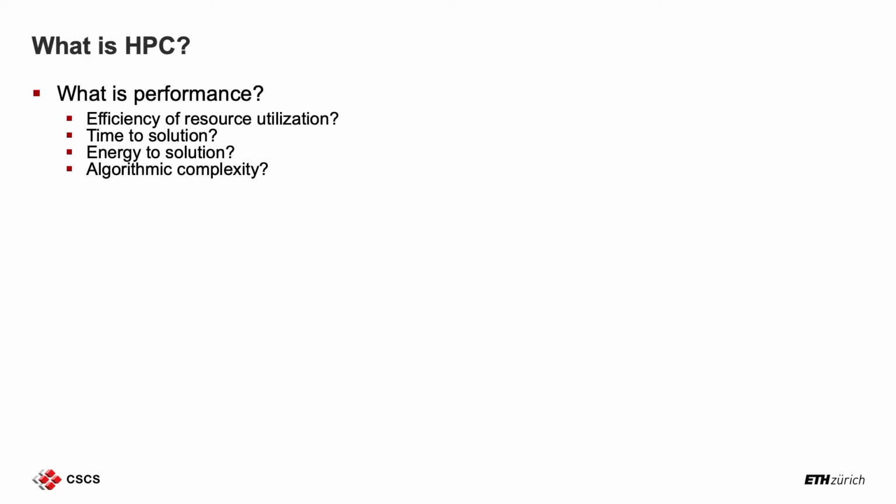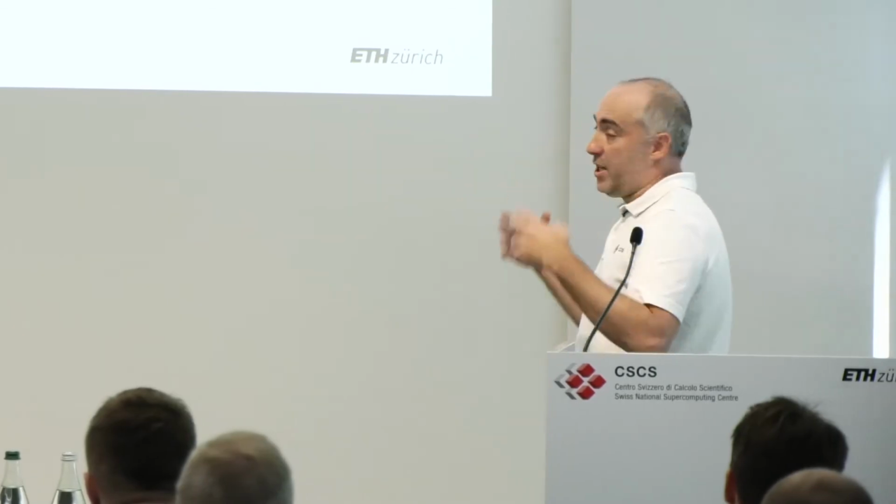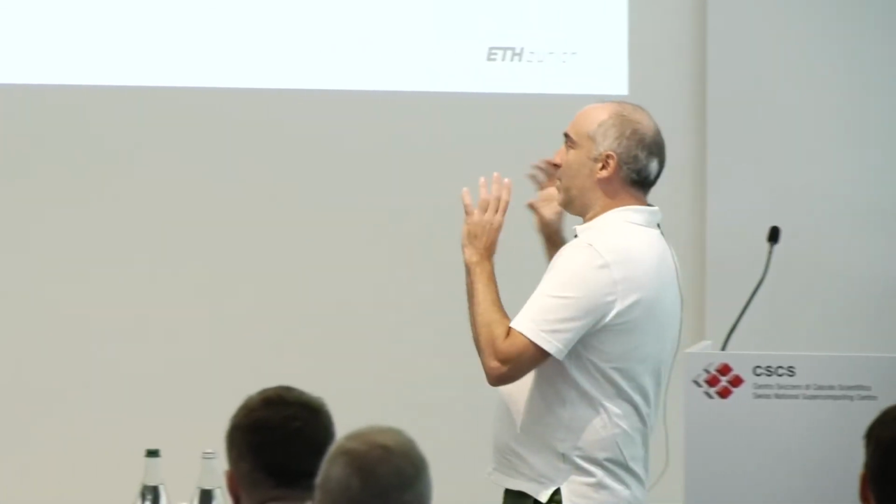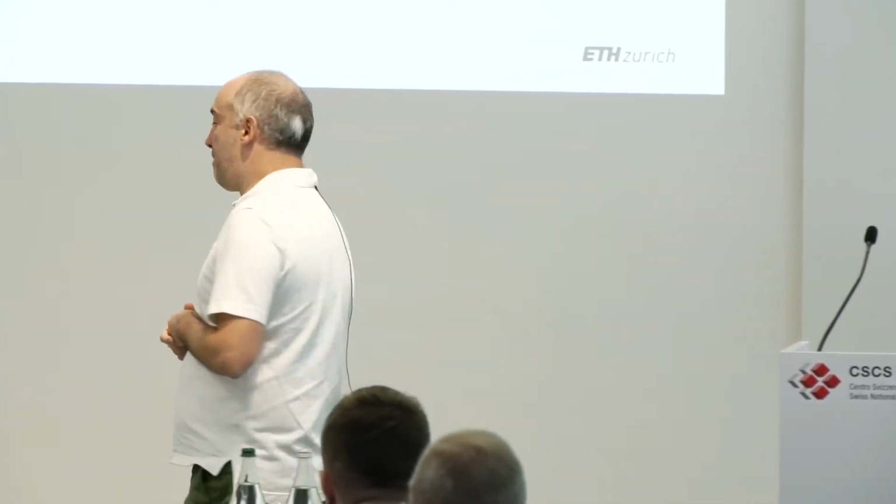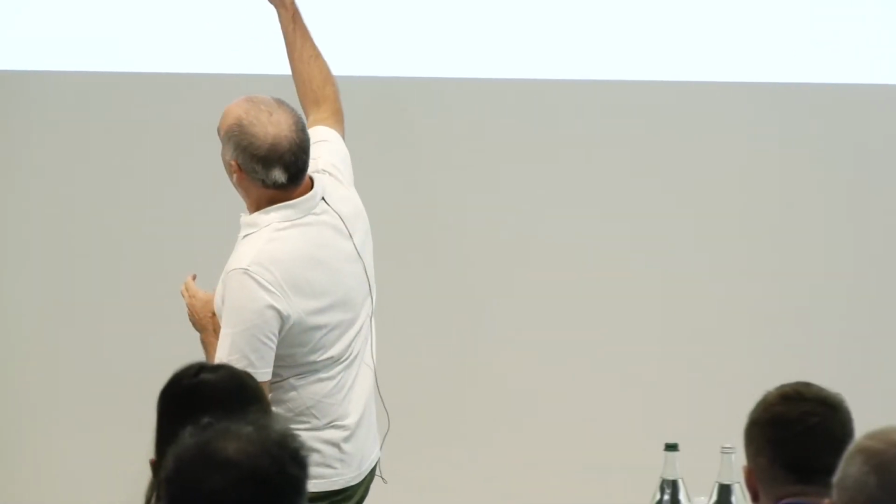Am I using efficiently the functional units of my CPU? Do I care about time to solution? Do I care about energy? Do I care about algorithmic complexity? What is HPC here? Even when we ask questions like, I need to teach you how to do C++, then I don't even know where to start.